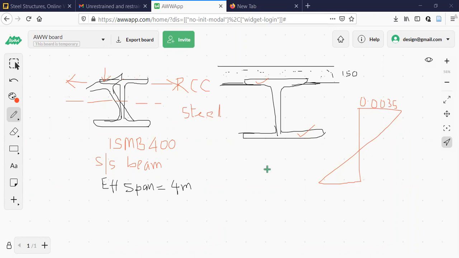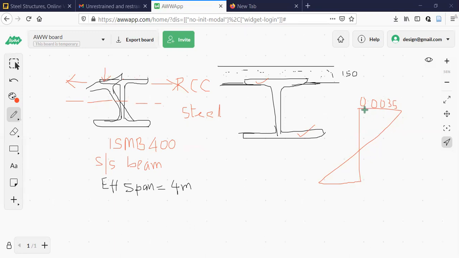So let us see here. How do you understand limit state design and plastic design? Try to follow this one. I'm telling you that steel beams are designed using plastic theory, not limit state theory. RCC beams are designed using limit state theory.